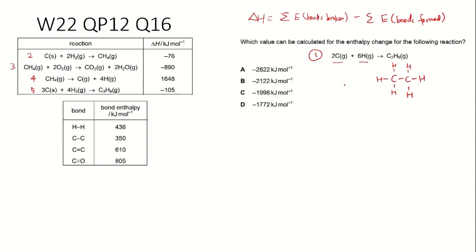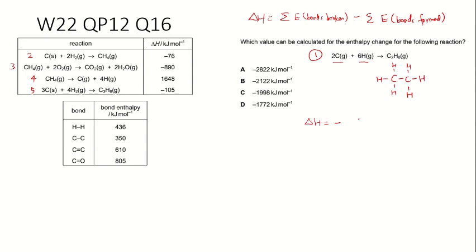So you can see from here, to find the enthalpy change of this reaction 1, it's going to only involve the formation of bonds because we do not need to break any bonds in the reactants. So delta H for reaction 1 will be negative. Why? Because formation of all these bonds will release energy. So how much energy is released?